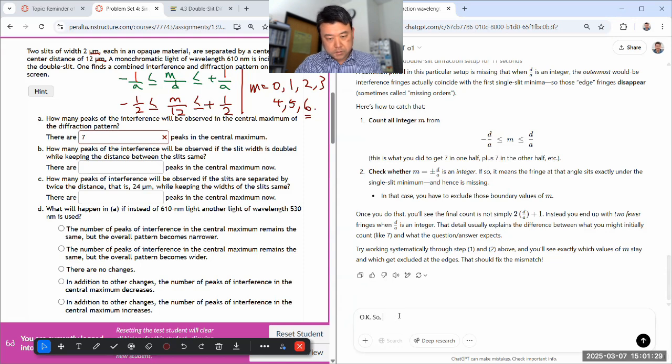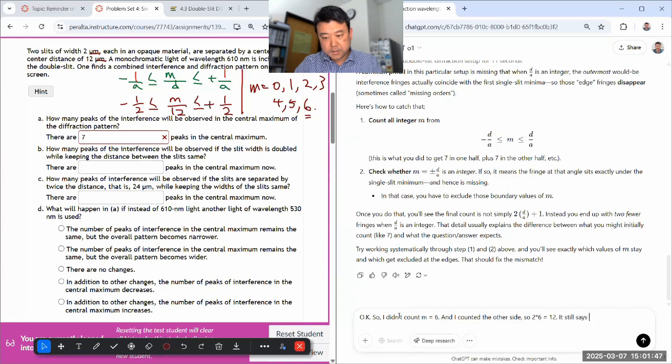Okay, so I didn't count m equals 6, and I counted the other side, so 2 times 6 is equal to 12.